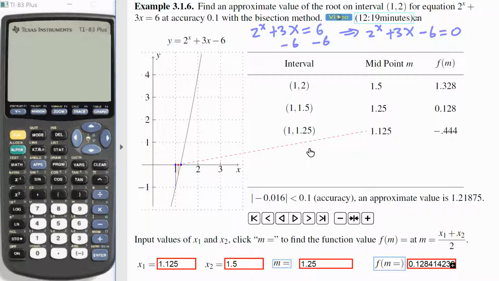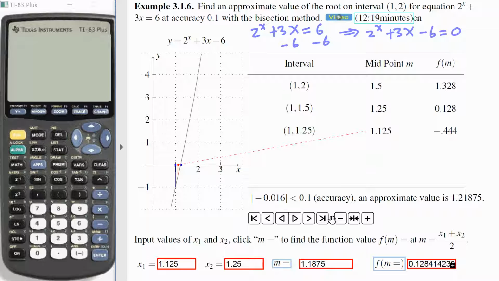And the right-hand side will be 1.25. Okay. And then you hit enter.